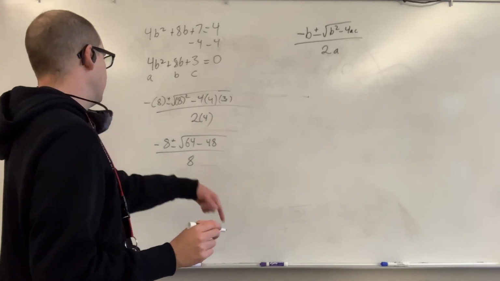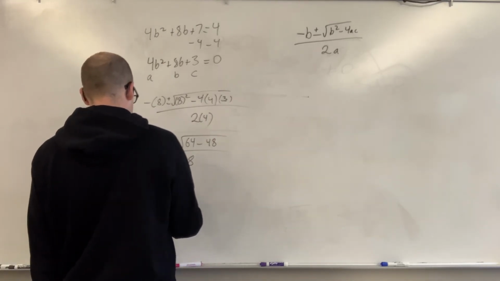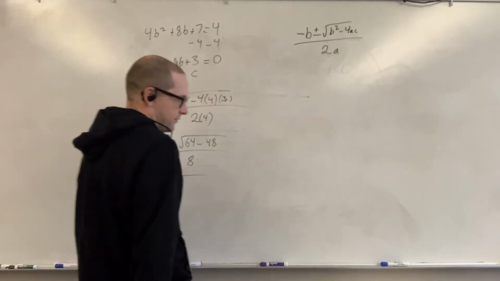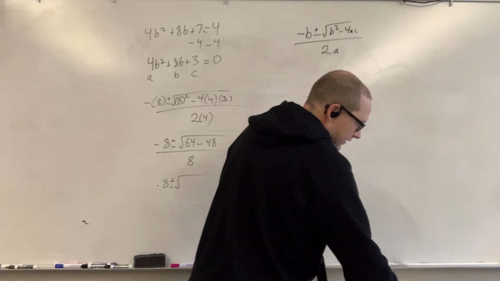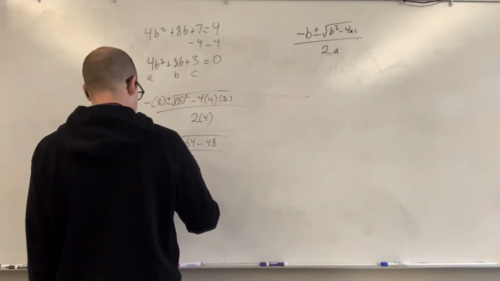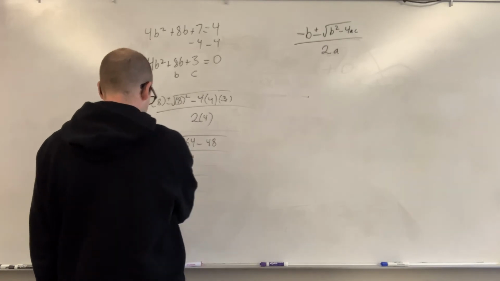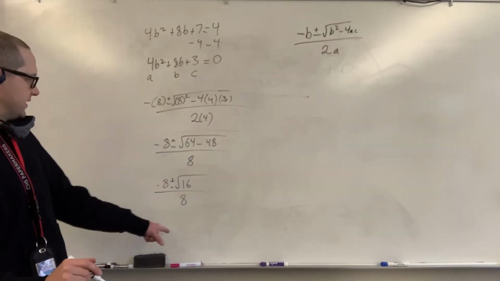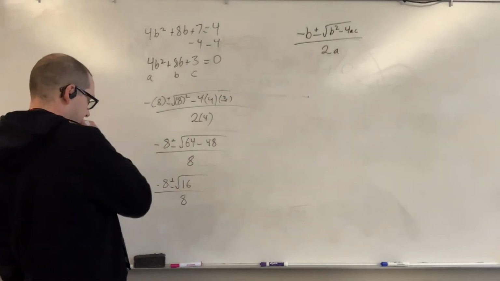Cool. Now I could probably go negative 8 plus minus square root of what's 64 minus 48? 16. Negative 8 plus minus square root of 16 over 8. We have to see if there's anywhere that we can simplify things. Let's worry about that in a minute.